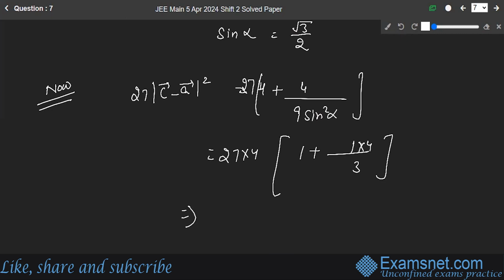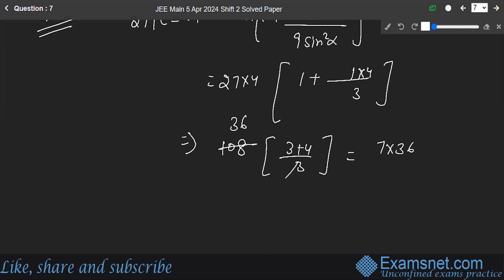Okay, and this will be 8 and 108. This will be 3 plus 4 upon 3. This will cancel. 36. So 7 into 36. This will give me, here I forgot to write down this 9. So this is equal to 36 multiply. Wait, this will be 4 by this.